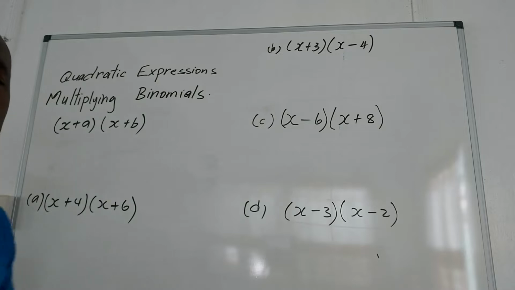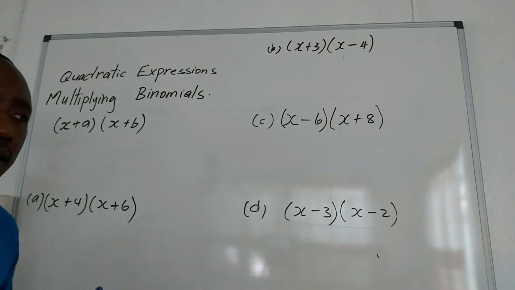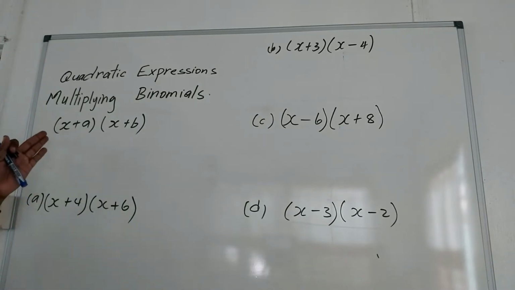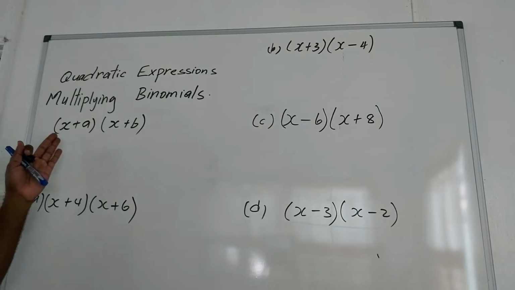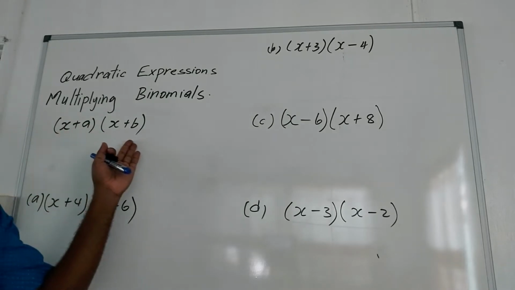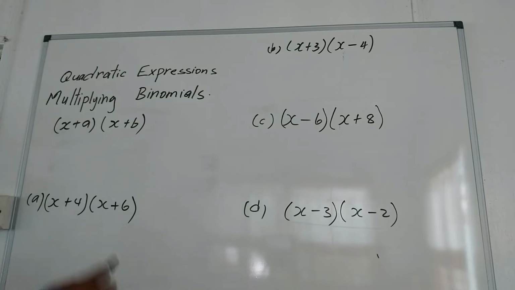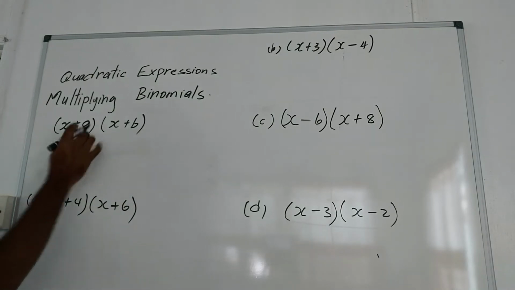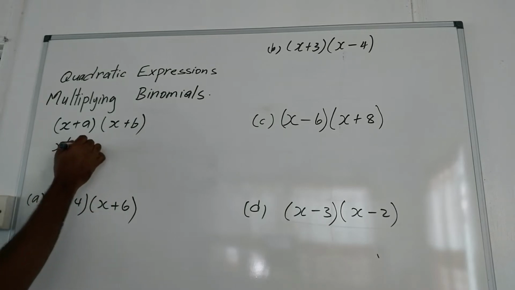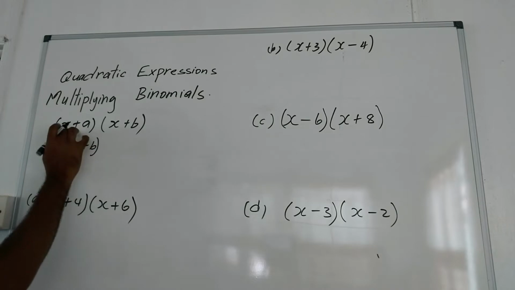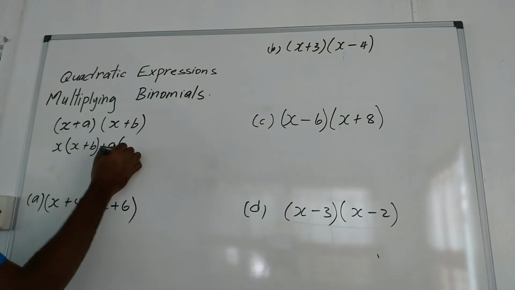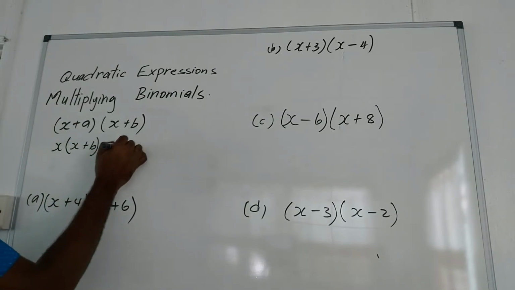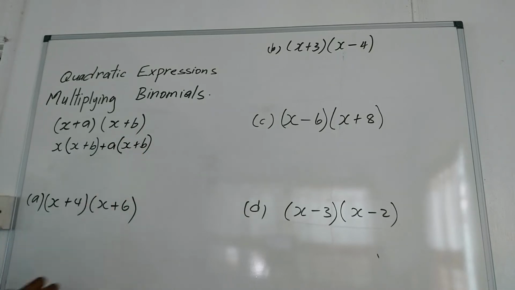So what we do, we take the first term and multiply it by everything in the second term, or in the second bracket. So we write it like this: x times x plus b, and then plus a times x plus b, and then we multiply and simplify.